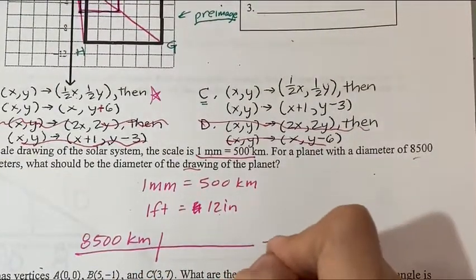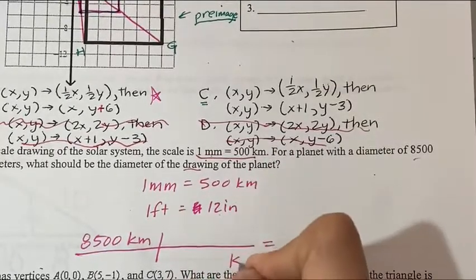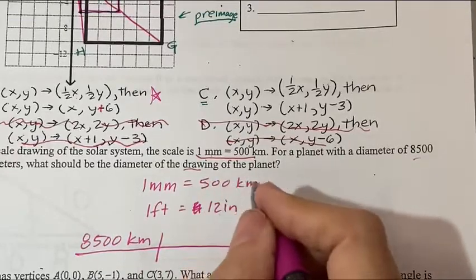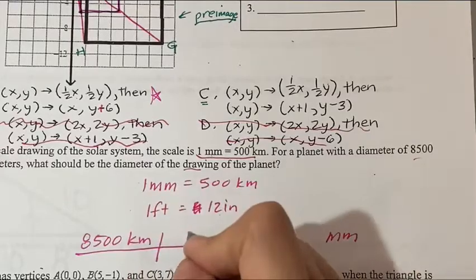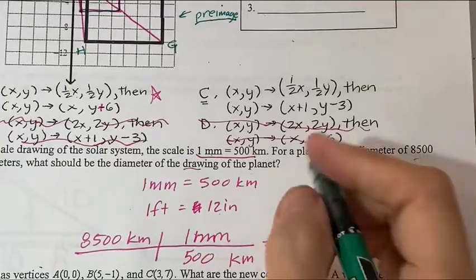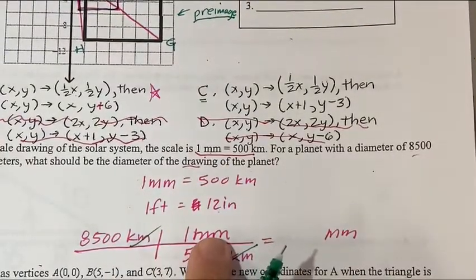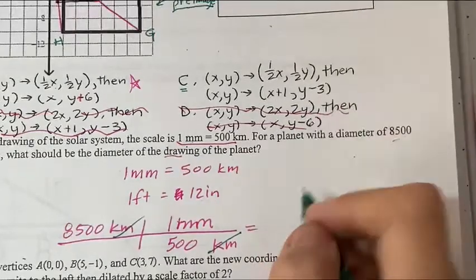I want my final answer to be in millimeters, so I need this kilometer to cancel. So I need to set up the ratio with 500 kilometers on the bottom and the 1 millimeter on top. Why? Because I need this to cancel, so my answer is in millimeters. Okay? So I'm going to divide, and I get the answer 17 millimeters.